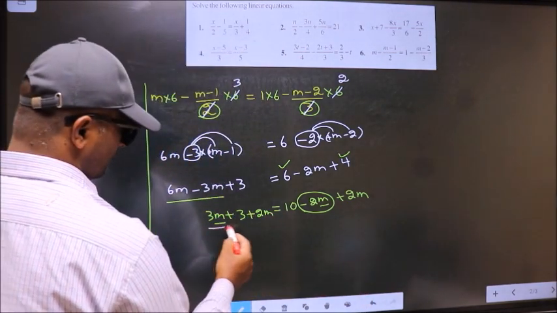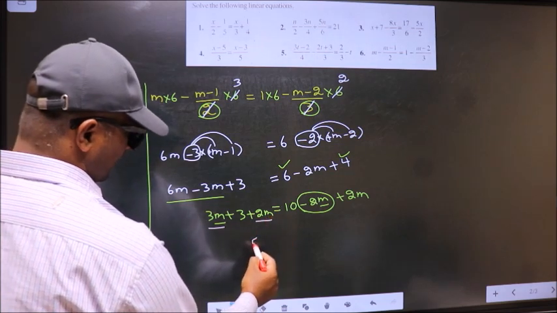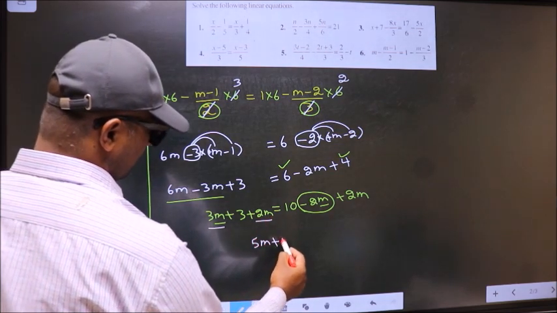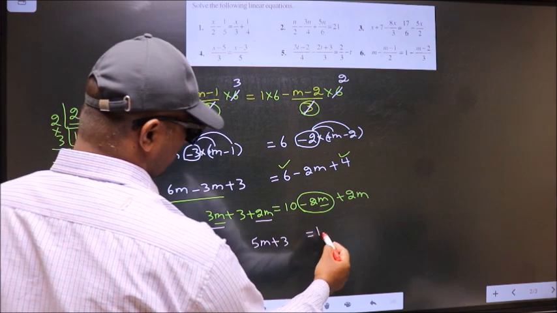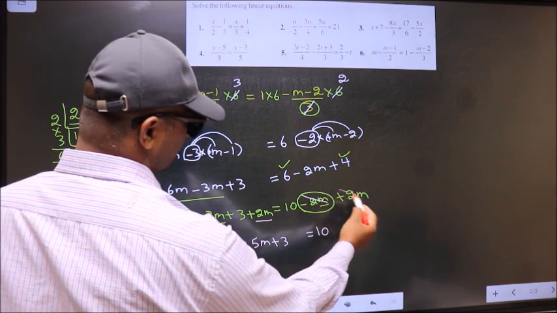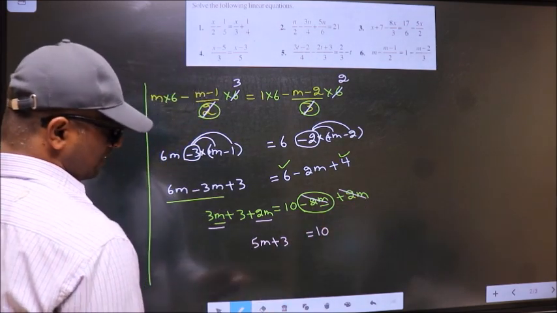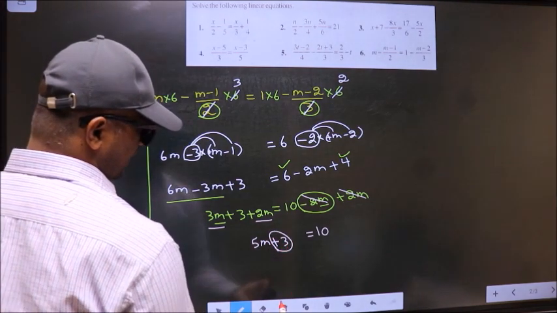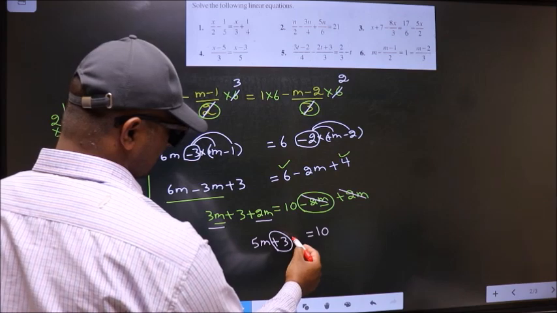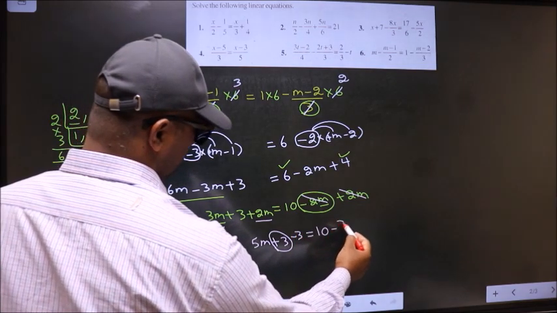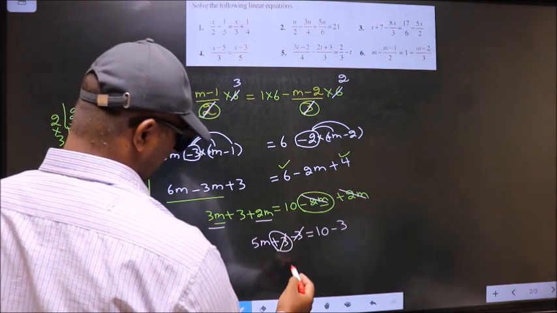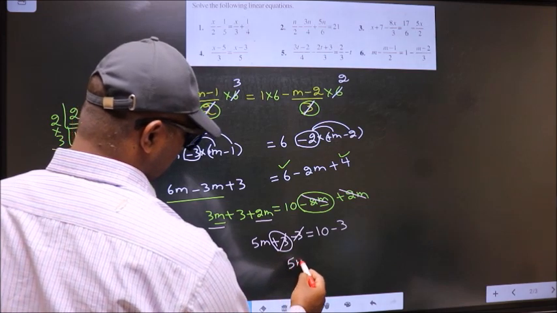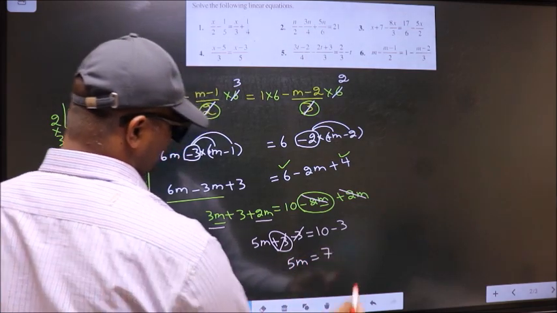So now 3m plus 2m is 5m plus 3 equal to 10. Minus 2m plus 2m cancel out. Now we should remove plus 3 from this side. So to remove plus 3, you subtract 3 on both sides. You get 5m equal to 7.